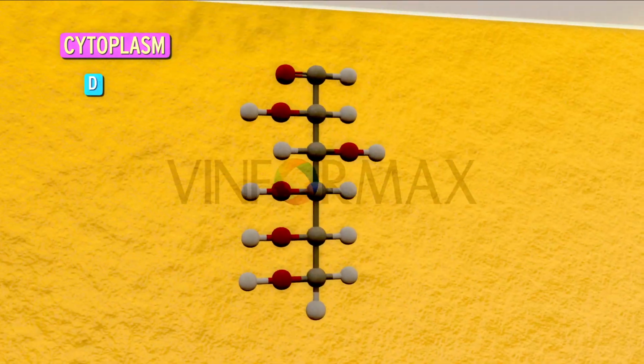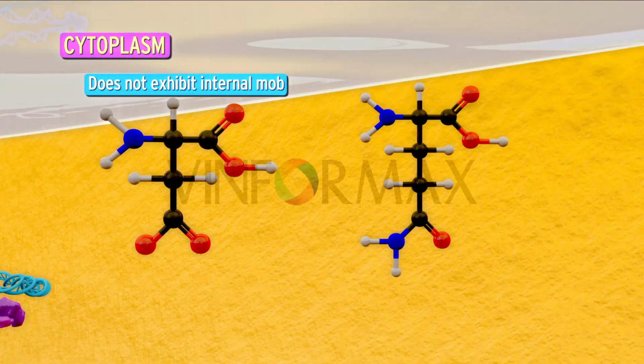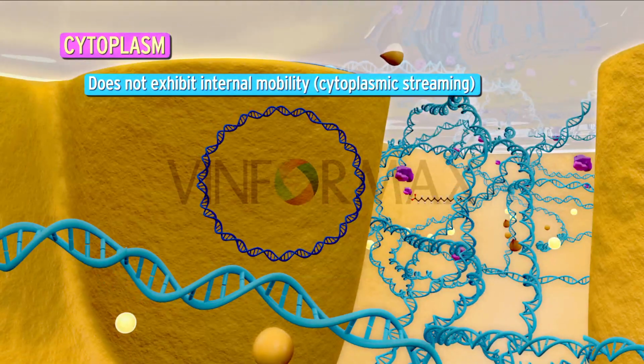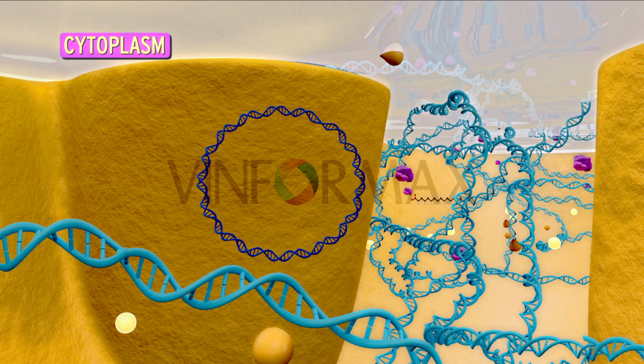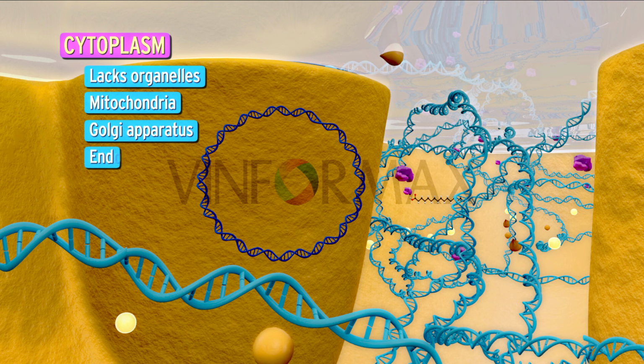The cytoplasm does not exhibit any internal mobility, that is, cytoplasmic streaming. The cytoplasm also lacks organelles such as mitochondria, Golgi apparatus or endoplasmic reticulum.